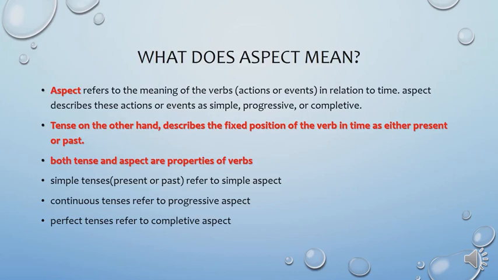For example, simple tenses, whether present or past, refer to simple aspect. Continuous tenses refer to progressive aspect. Perfect tenses refer to completive aspect. So see, we have a relationship between tense and aspect. Tenses can tell about the aspects of the verbs.